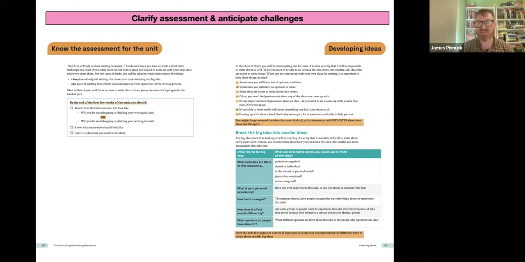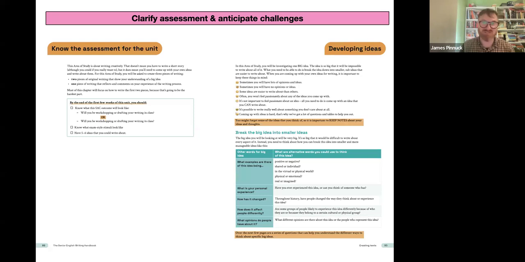Have a look at this checklist of experiences that students might have. Anticipate challenges and normalize those challenges, so kids know that they're not stupid if they're finding it difficult to come up with ideas. That there's nothing wrong with being uninterested in writing about anything.